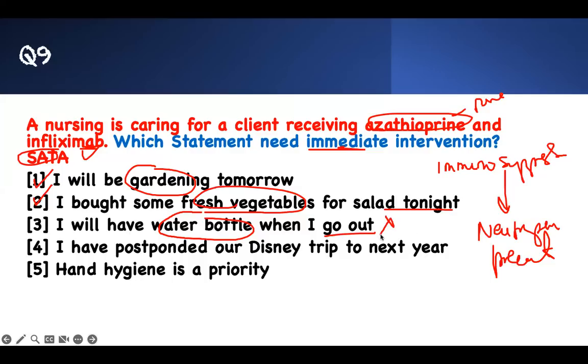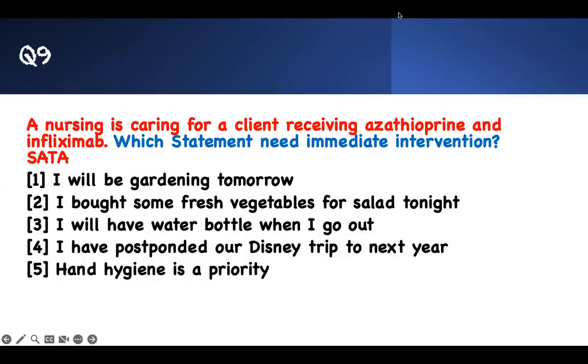I have postponed our Disney trip to next year. Worry about the crowd, so that's good. Excellent postponement. And hygiene is a priority. The more you wash your hands, the more you prevent infection. So I don't need to intervene. So the first two are a problem for a neutropenic precaution patient.